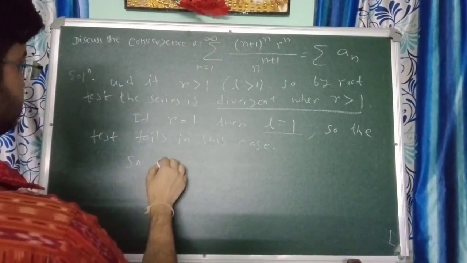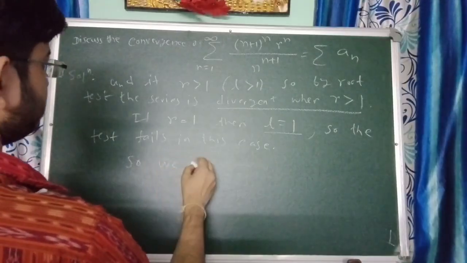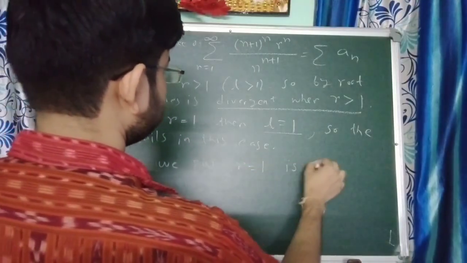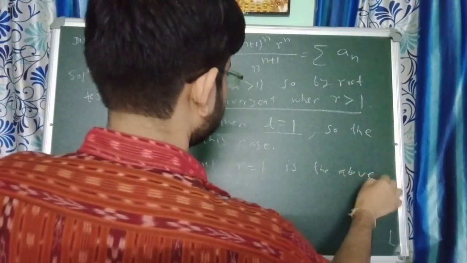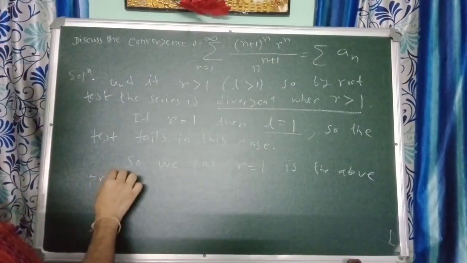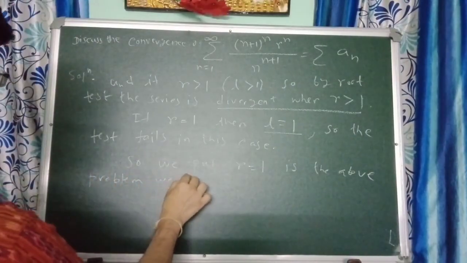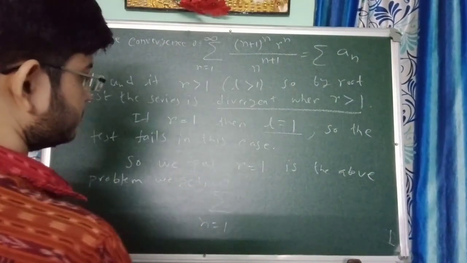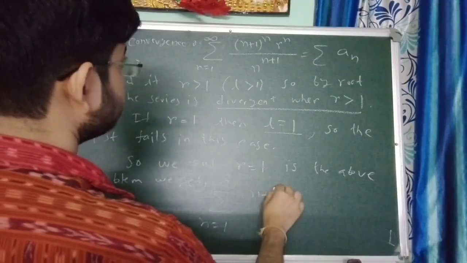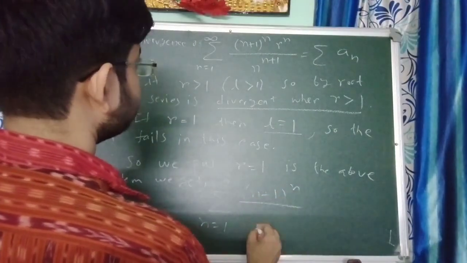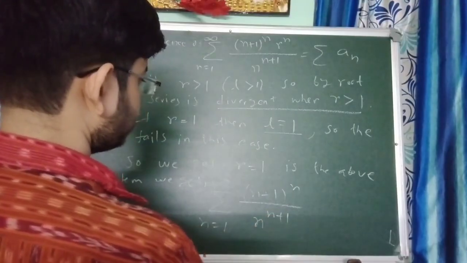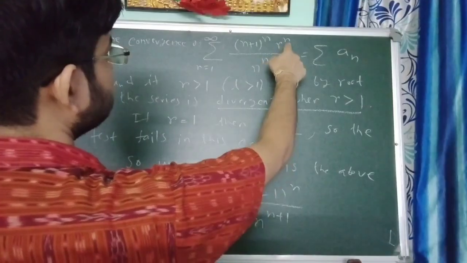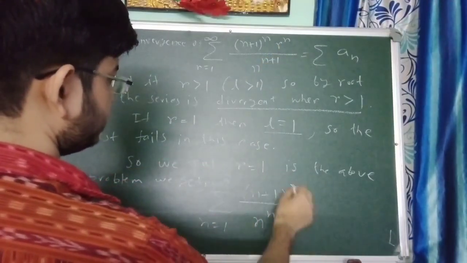So we put r equals 1 in the above problem, and we get summation n equals 1 to infinity (n plus 1) to the power n divided by n to the power n plus 1, and this is 1 to the power n, so the total expression becomes this.